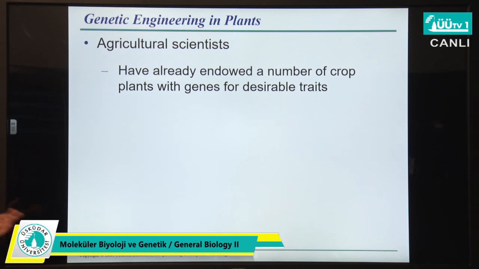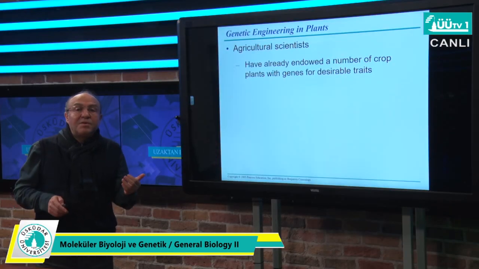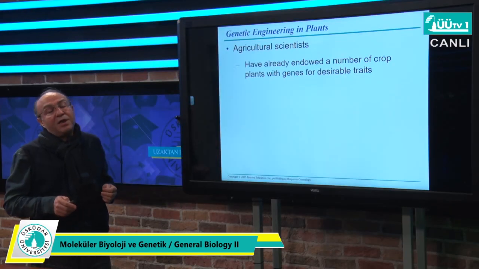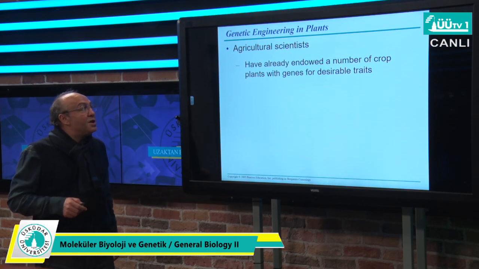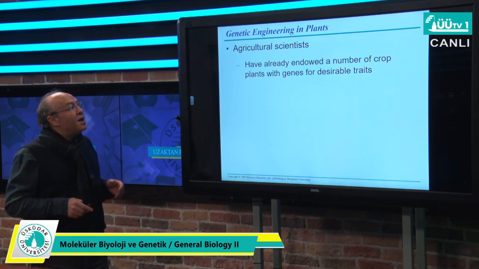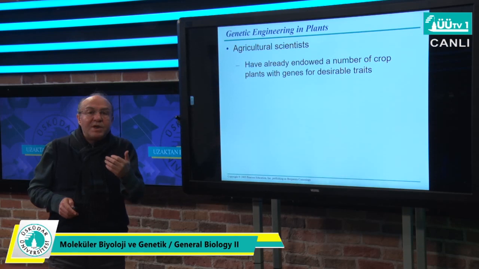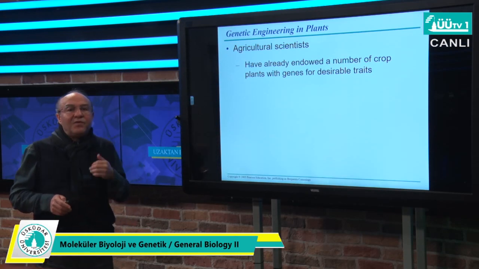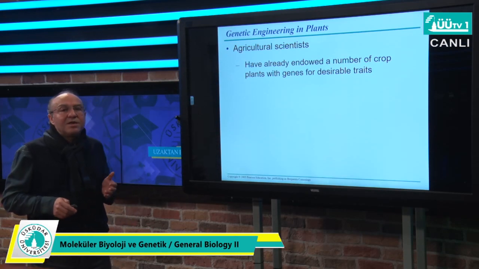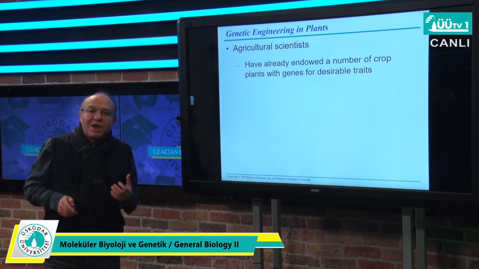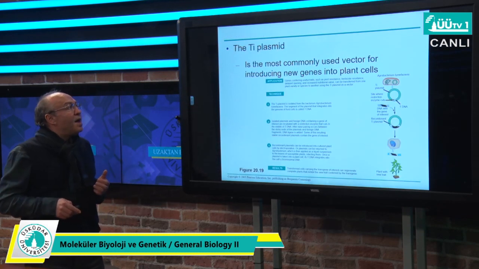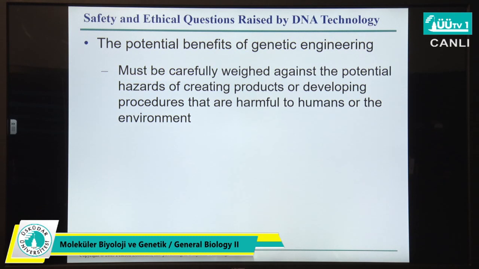Lots of new kinds of vegetables and fruits are even produced by genetic engineering and DNA recombination, and we are adding desired genes to get the desired phenotype in the plants. And these are the techniques.